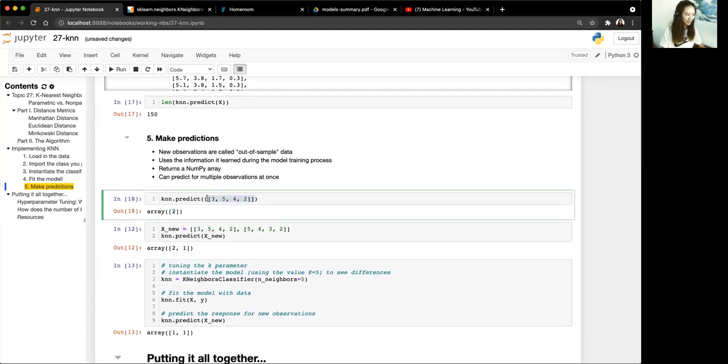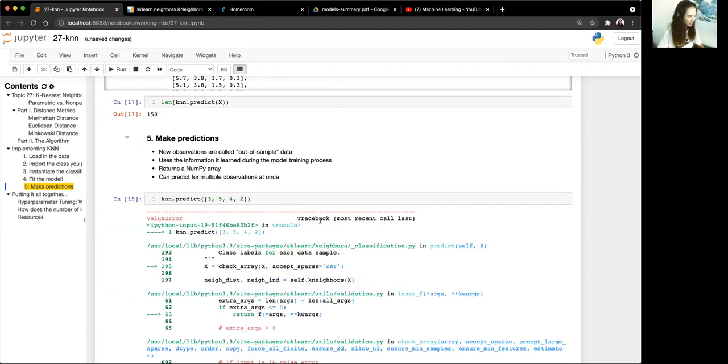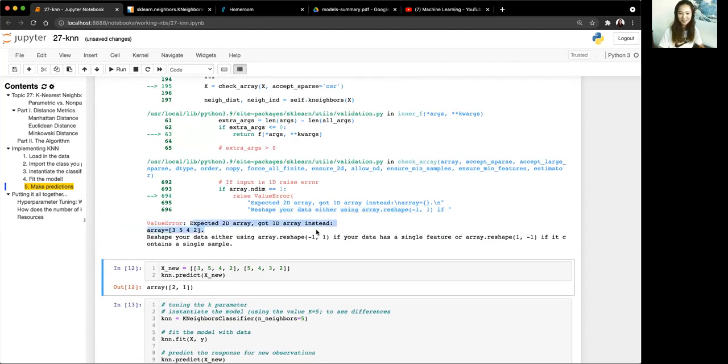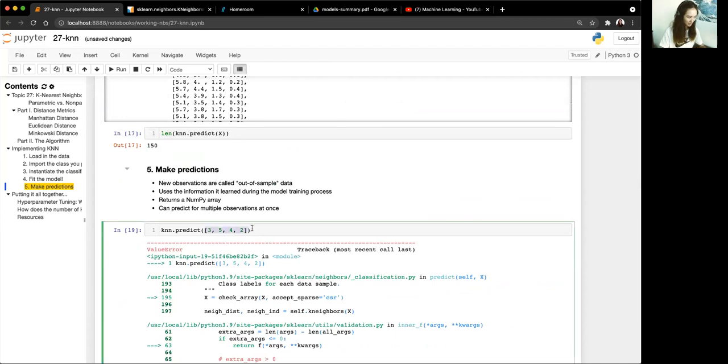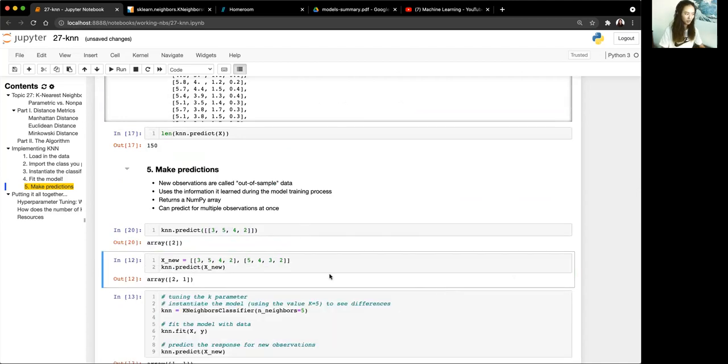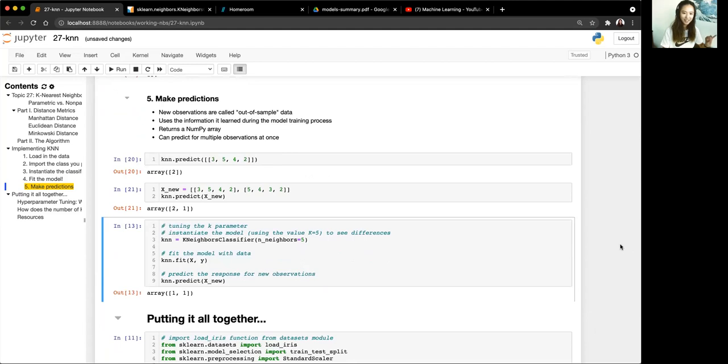You have to wrap it in double square brackets because it needs a 2-dimensional array rather than a 1-dimensional array. If I take away the first layer of brackets, it'll say expected 2D array, got 1D array instead. You can either reshape, or pretty much what it's expecting is 1 row of 4 columns of data. If I want to make 2 predictions, I can do that as well. Questions about anything so far?